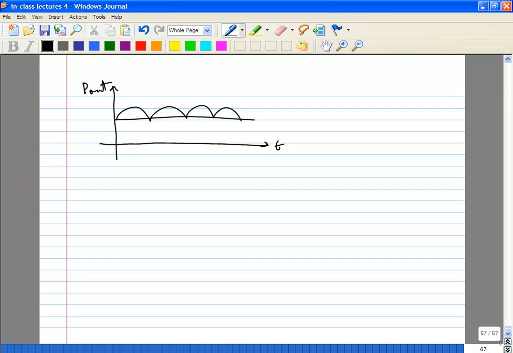So now to calculate efficiency, we are going to calculate the DC power from the power supply. What is this? It's VDD times IDC.